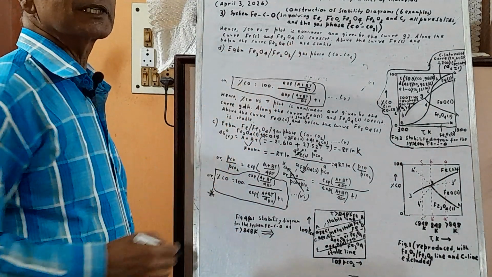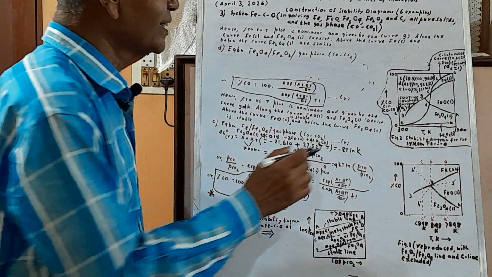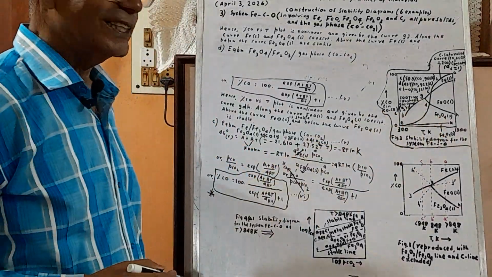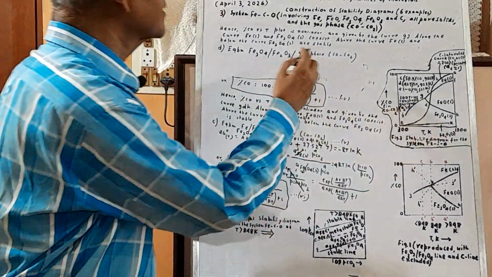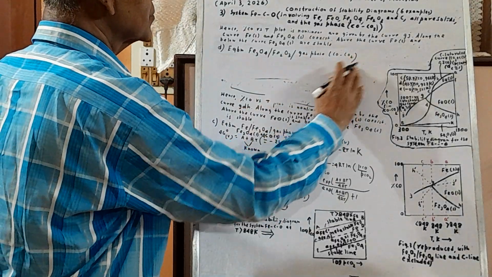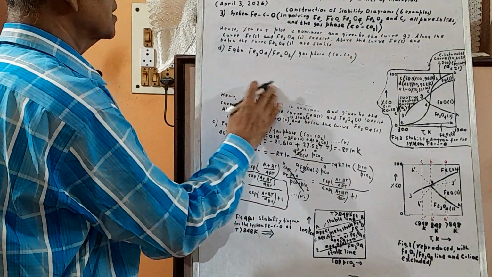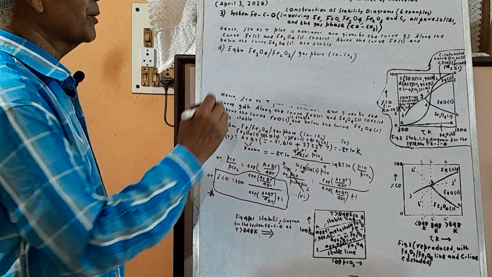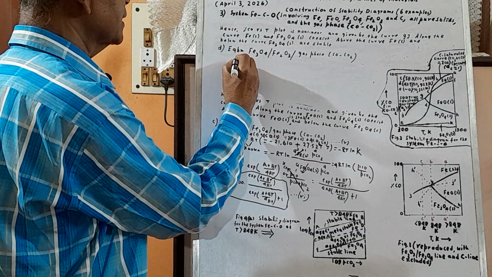So our purpose for the time being is drawing the line EK, okay. Remove this. First write the reaction properly.